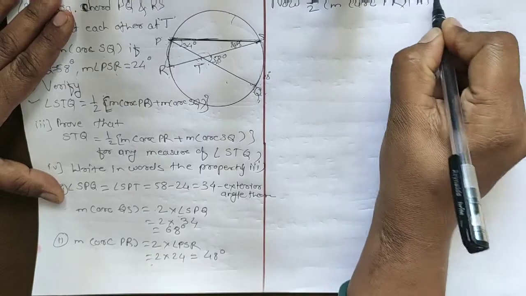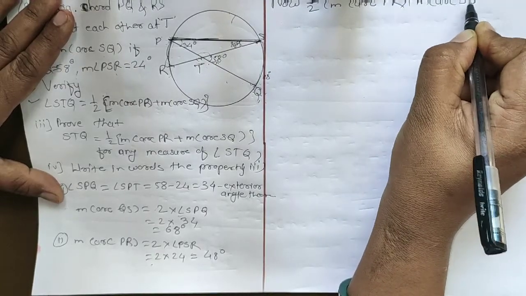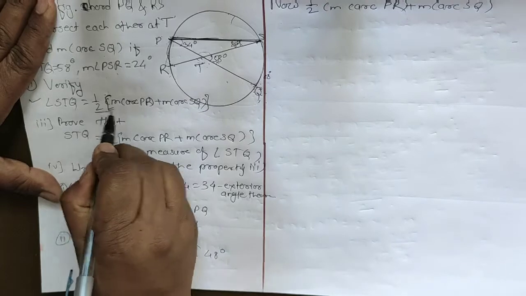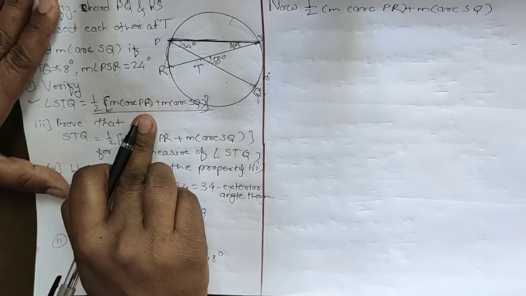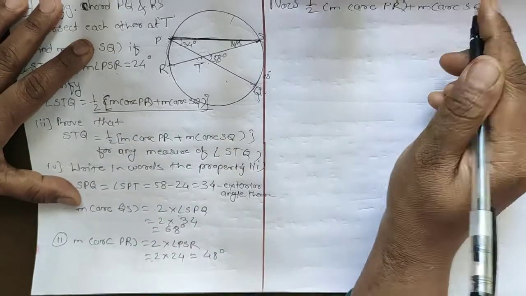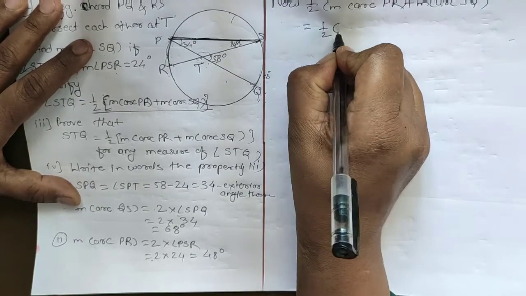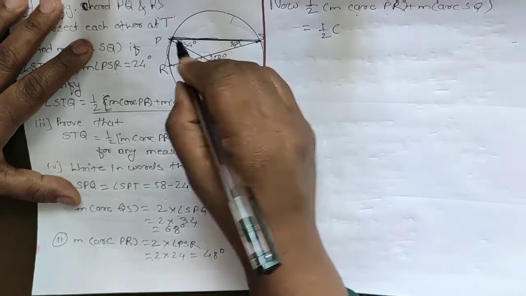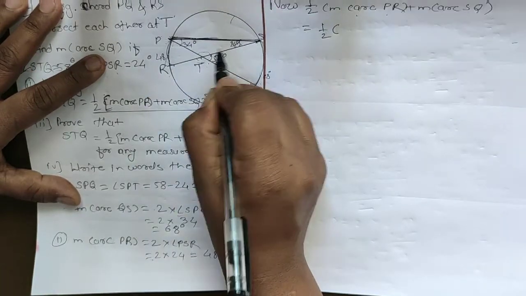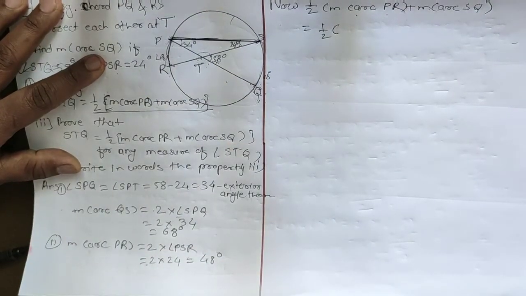This we had taken, and this value we are finding. So it is equal to 1/2 into the bracket of the measure of arc PR. Just we found how much it is: 48, it's double.